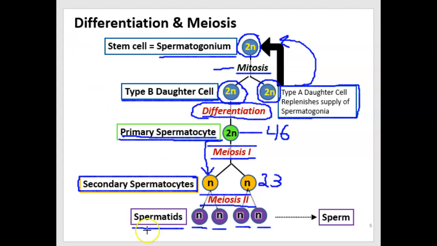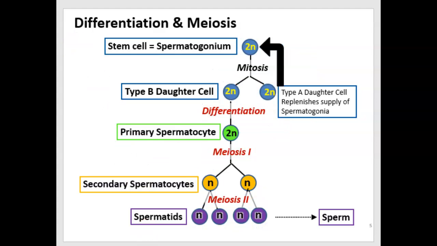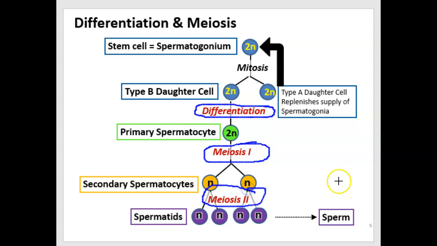So far we've talked about two processes: the differentiation of spermatogonia and then meiosis. We started with a spermatogonium and made primary spermatocytes by differentiation.